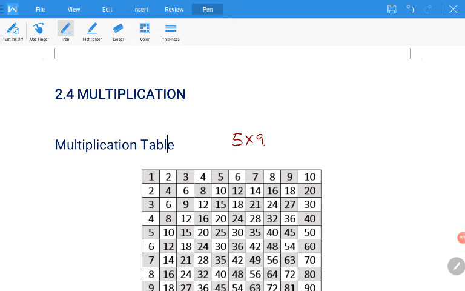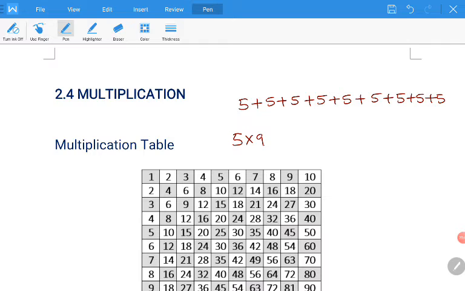So it's more like we are saying 5 plus 5 plus 5 plus 5 plus 5 plus 5 plus 5 plus 5 plus 5. 1, 2, 3, 4, 5, 6, 7, 8, 9.